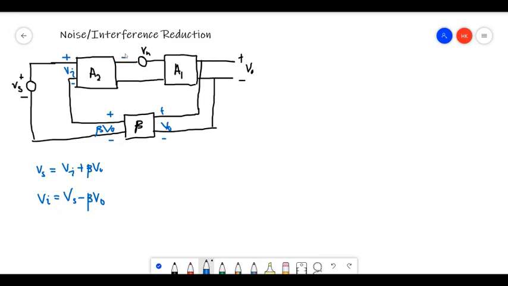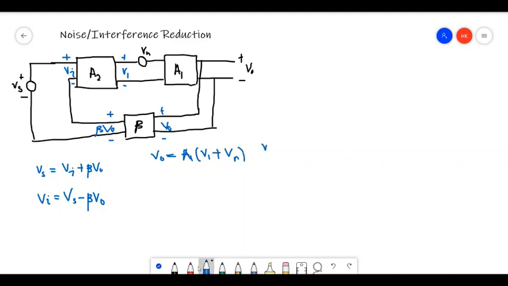And further, if I take this as E1, which is the input, we can write that V out is equal to A1 times V1 plus Vn.